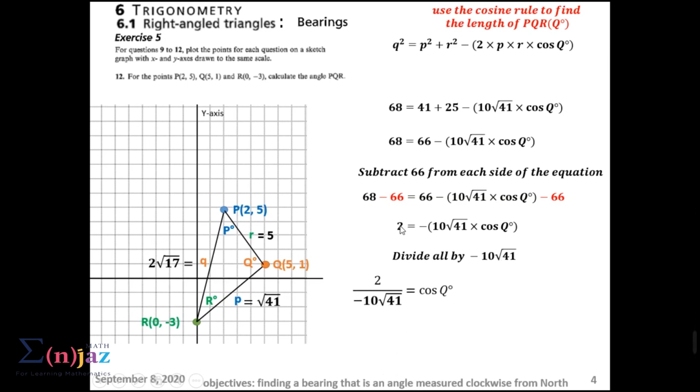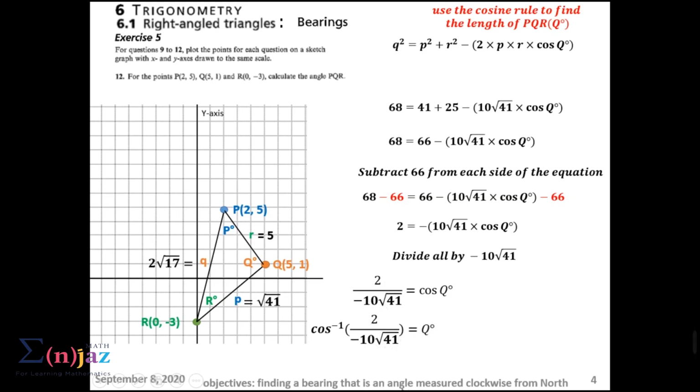So it's 2 over, because over means divided by, negative 10 square root of 41, equal to cosine Q. This is the value of cosine Q, but what we are trying to find is the value of angle Q. So we apply opposite operations again and take cosine inverse on each side. Cosine inverse of 2 over negative 10 square root of 41 is equal to Q.